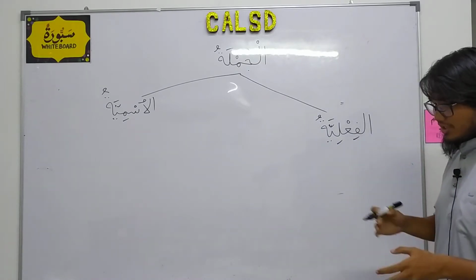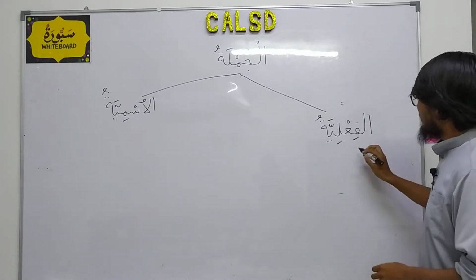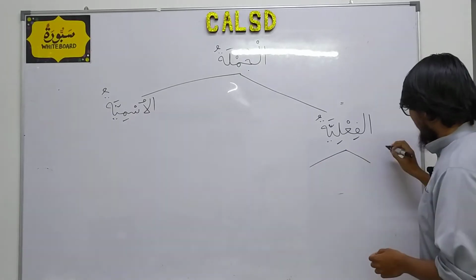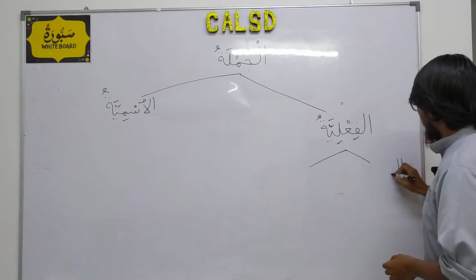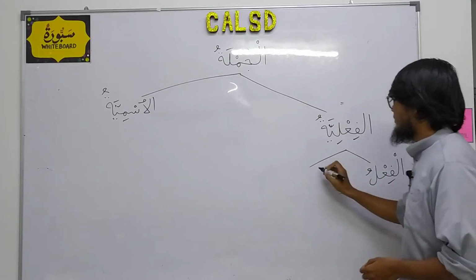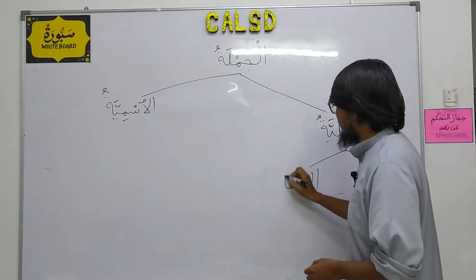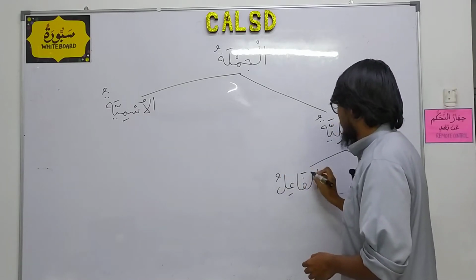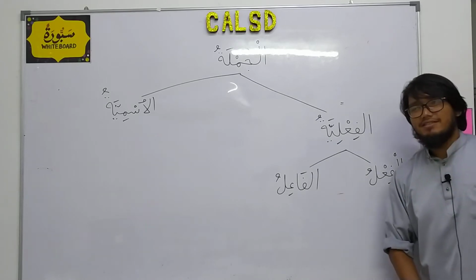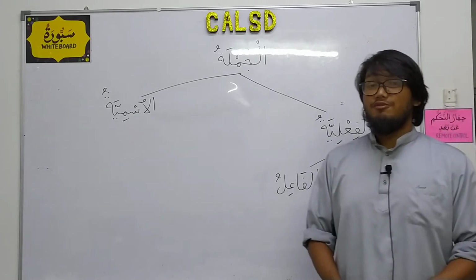So to start, al-jumlatu fi'liyatu is categorized into two, which is al-fi'lu and al-fa'ilu. Al-fi'lu wal-fa'ilu. Al-fi'lu basically means the verb itself.